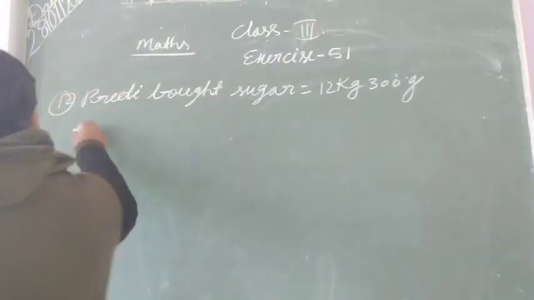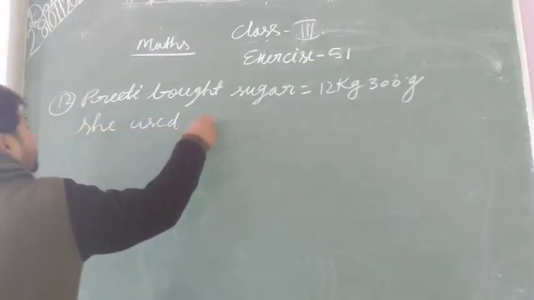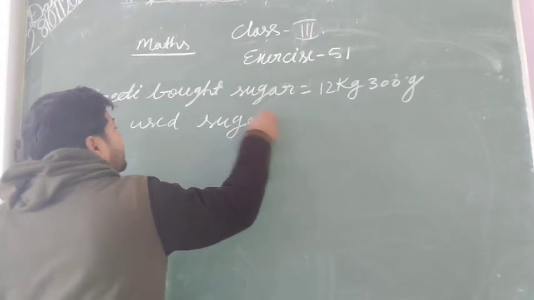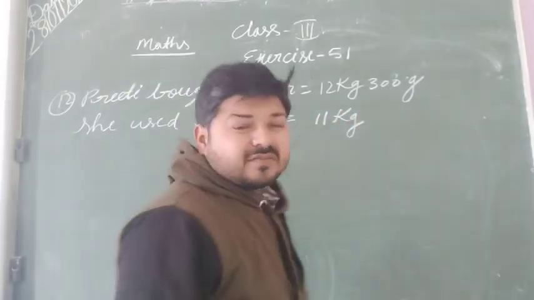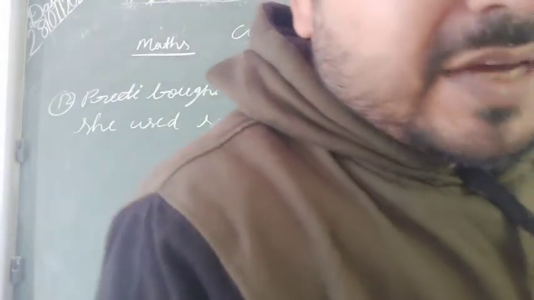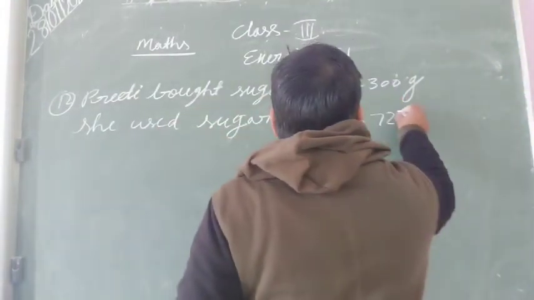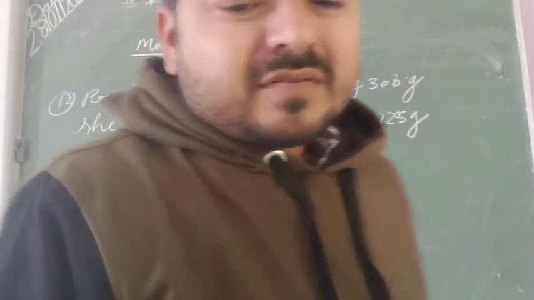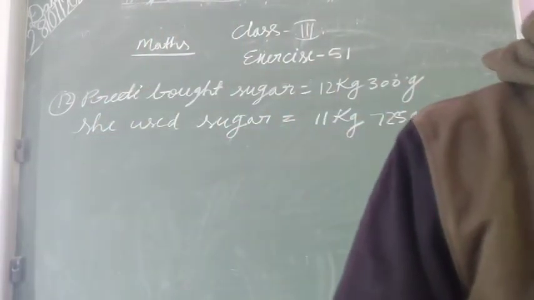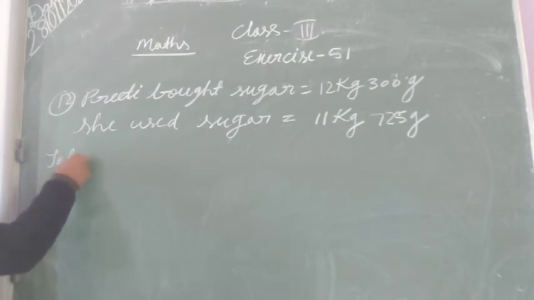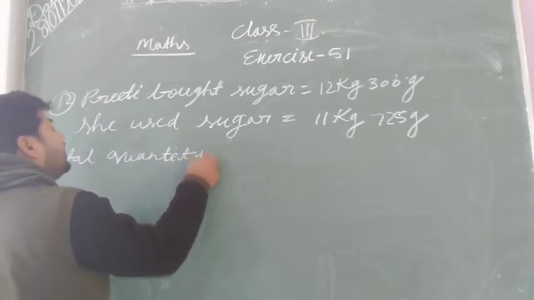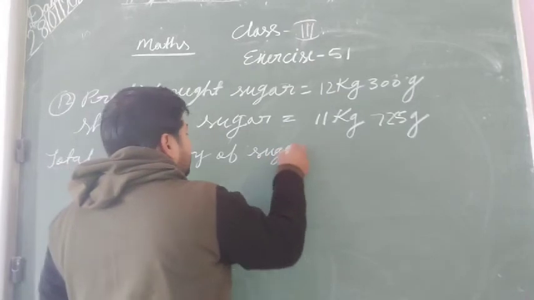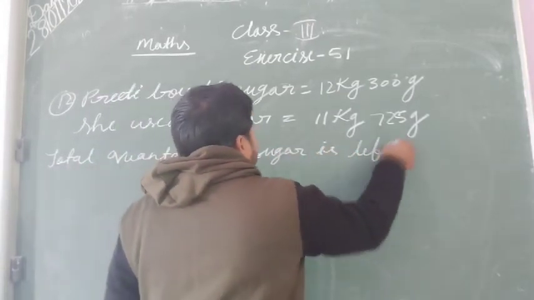She used sugar equal to 11 kg 725 gram. So the total quantity of sugar left unused.